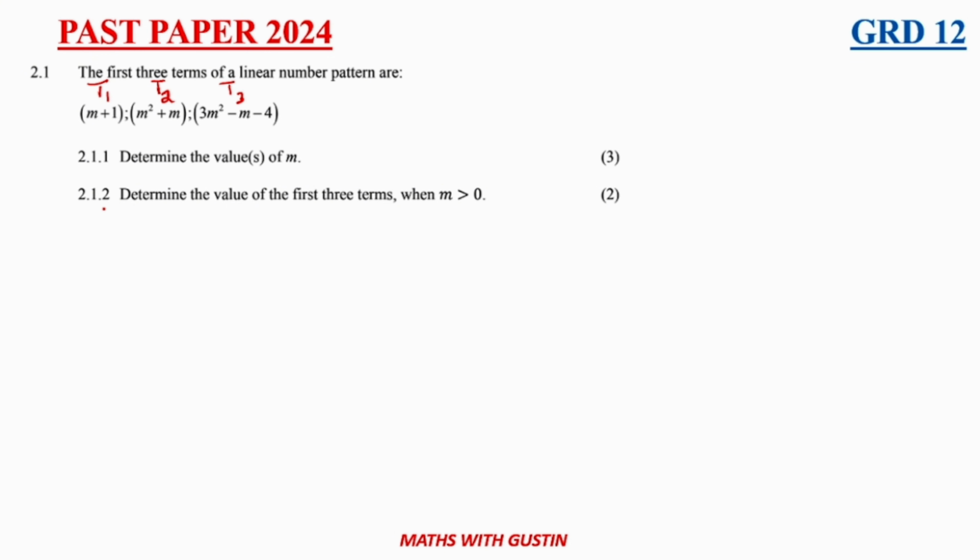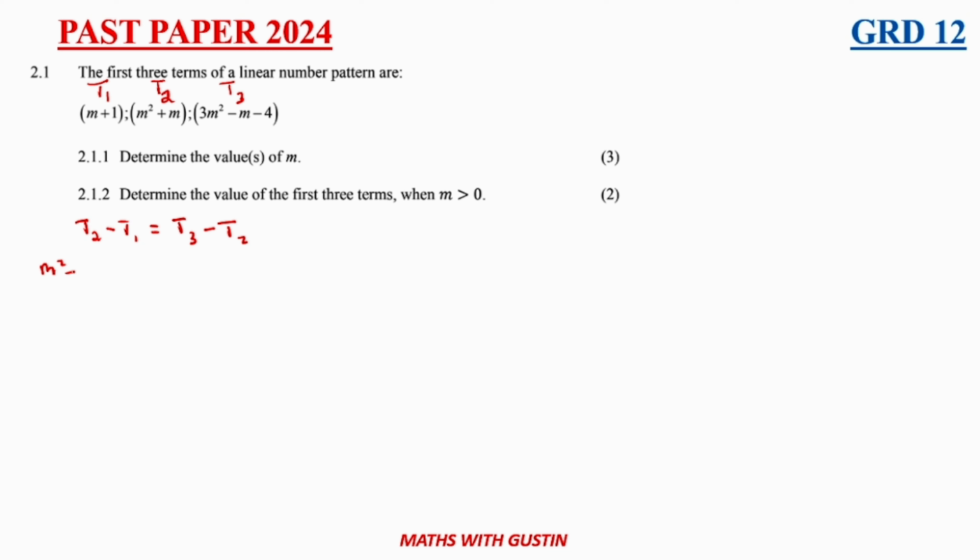All right, so what do we do when it comes to this one? This has already told us it's a linear pattern. We know very well that from a linear pattern, T2 minus T1 should be equal to T3 minus T2. All right, so let's go ahead and start.